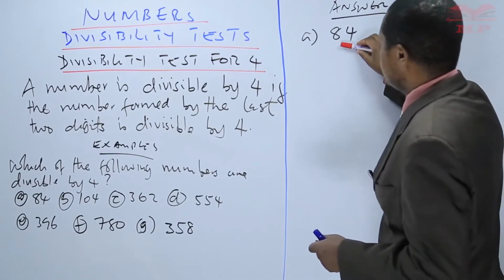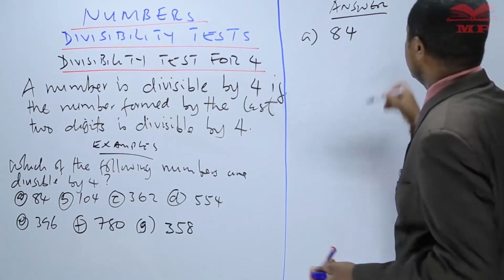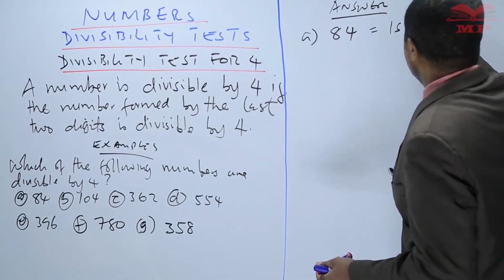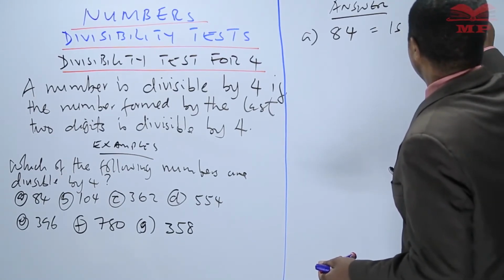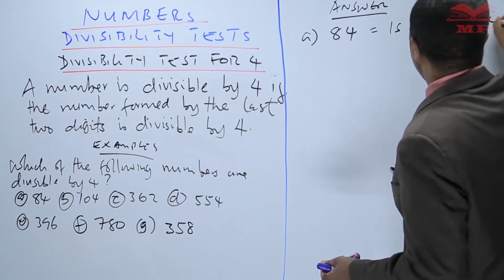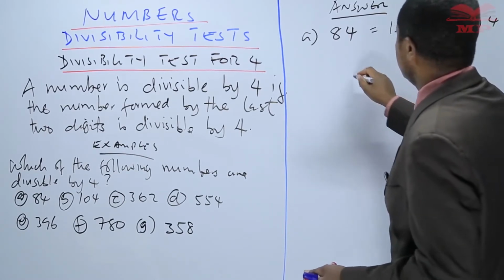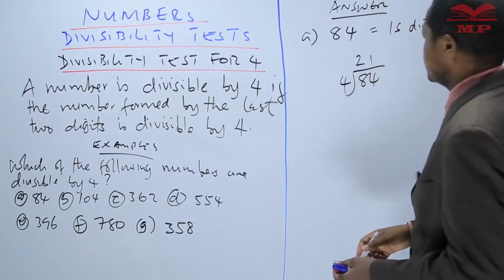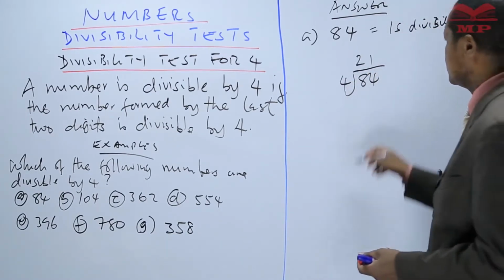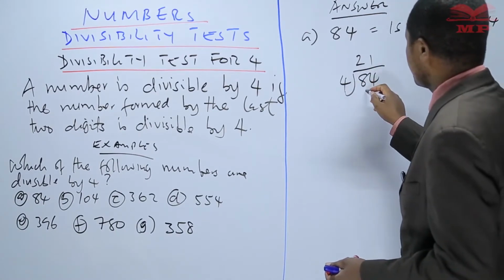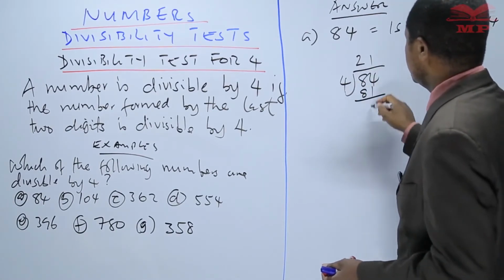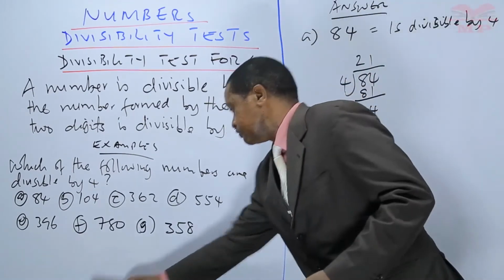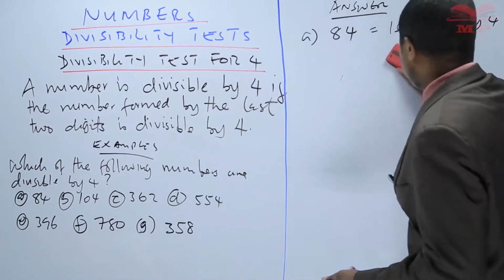Here there are only 2 digits, and this 84 is divisible by 4 because 84 divided by 4 is equal to 21. 8 divided by 4 is 2, then 4 goes into 4 once. So that one is divisible by 4.